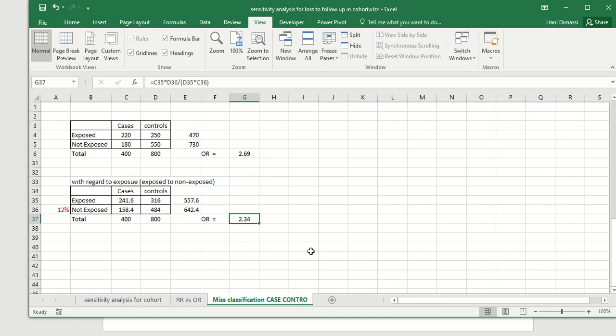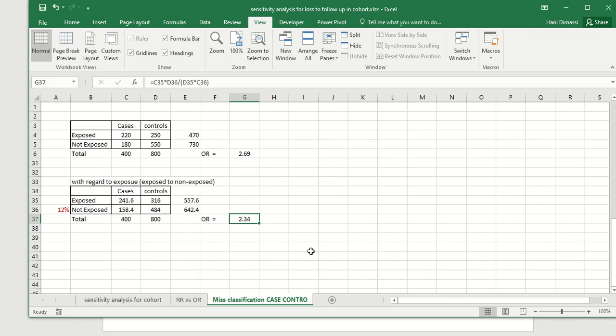Now, why is it important to point out that non-differential misclassification points out bias towards the null? Because if for some reason you may have done some misclassification, some errors in terms of classifying your outcome or your exposure, as long as you can defend and say that your error was done non-differentially, that would mean that the measures of association you calculated have been biased towards the null.